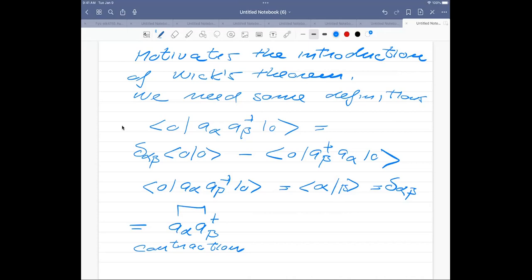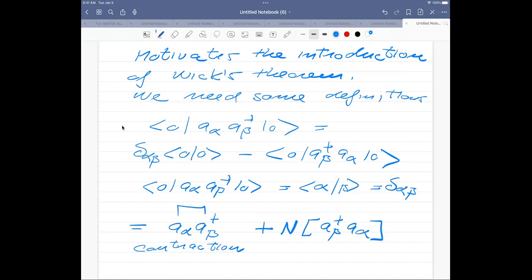And then I'm going to put in a plus sign here, but I need to be a little bit careful. I'm going to call this a normal order product, a normal order product of a chain of operators, A beta dagger and A alpha.